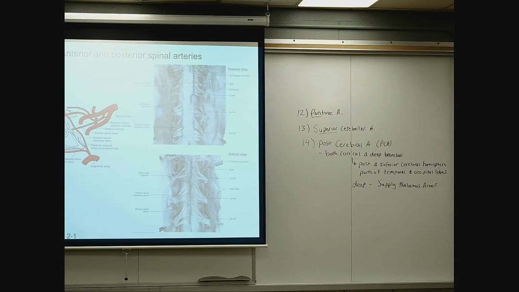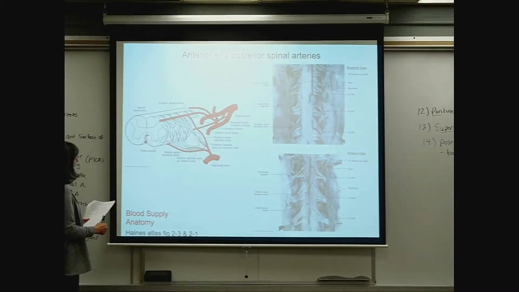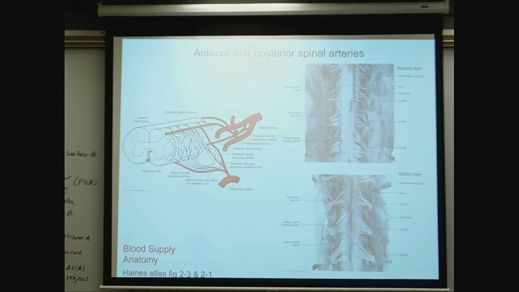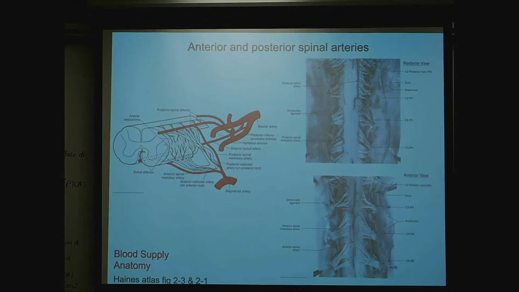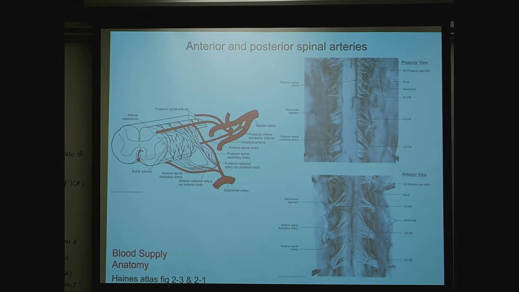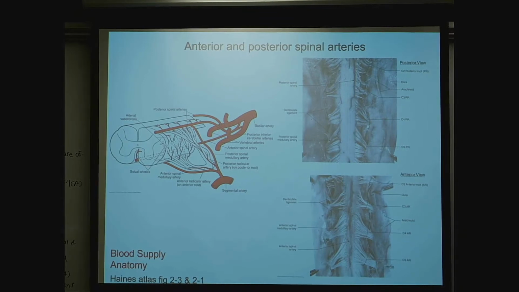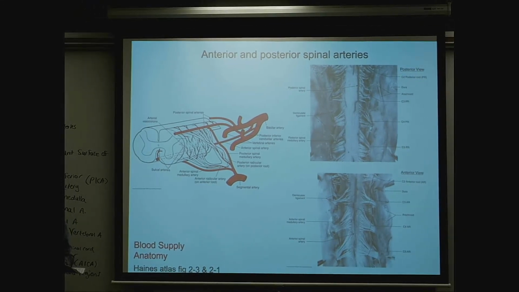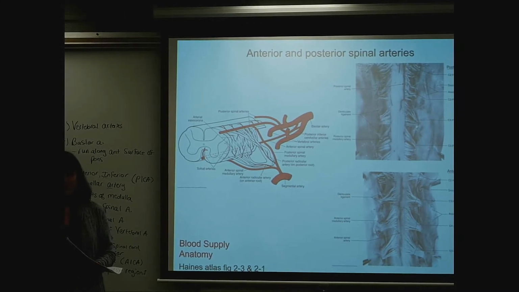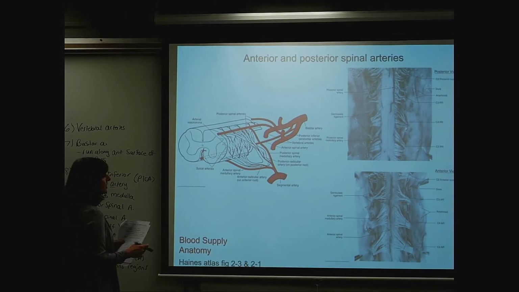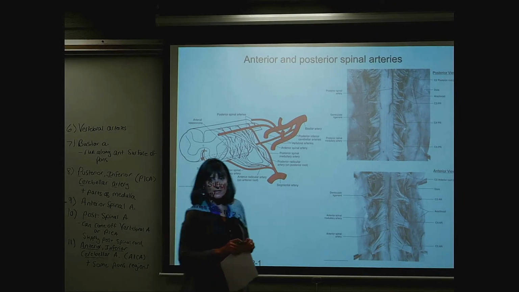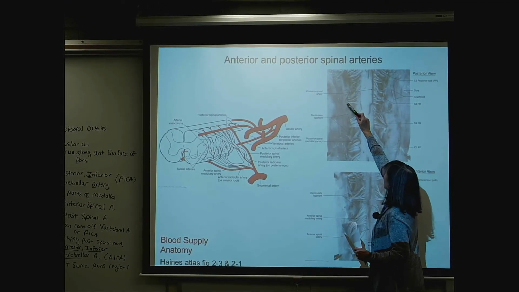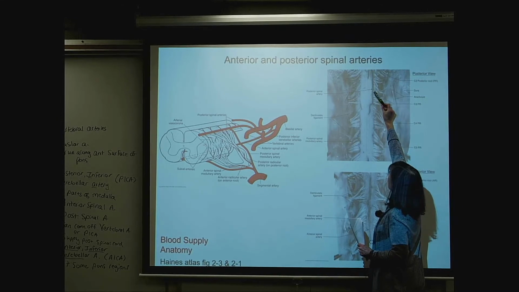So this slide shows you the spinal cord, and we're going back to this anterior spinal artery and this posterior spinal artery. So in lab and on exams, you'll be expected to identify the anterior and the posterior aspects of the parts of the spinal cord. And you can actually easily do this just based on these arteries, because our posterior spinal arteries are going to divide and come down.